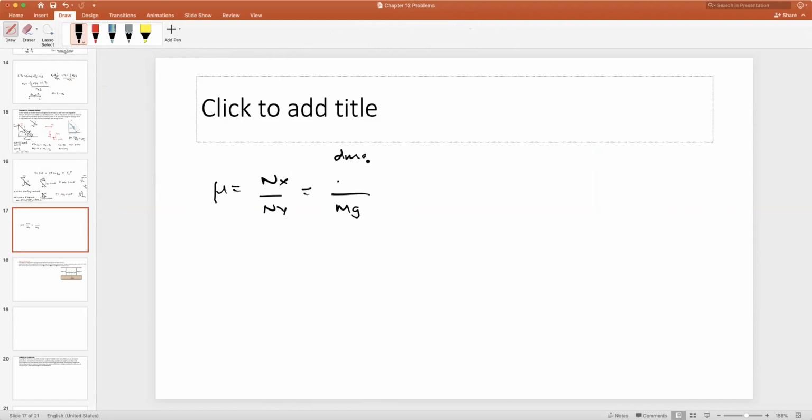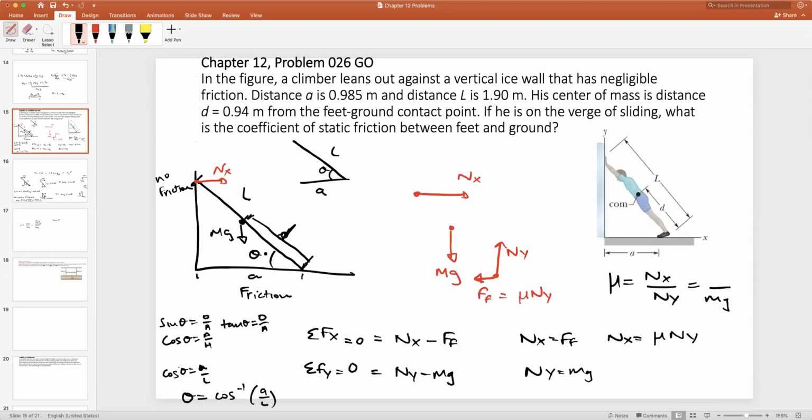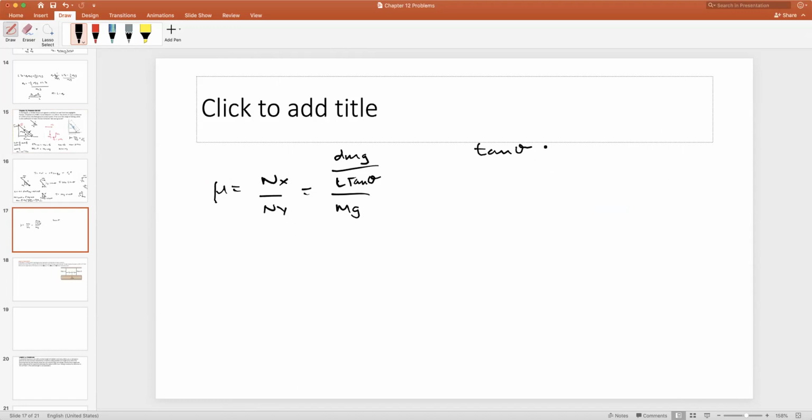So this is D mg over L times tan theta. Another way I could write this, since tangent theta is opposite over adjacent, is in terms of L sine theta, but I don't really want to do that. I'll just assume that you got that yourself. The masses cancel, so I get D over L tangent theta. And from there, we're good.